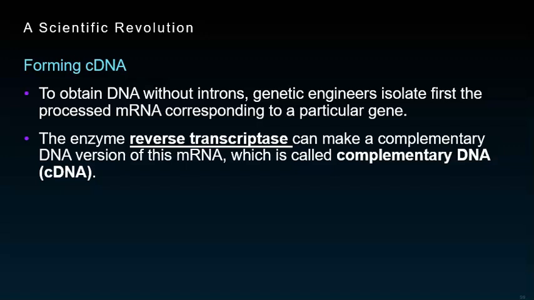So that makes sense, because if we are making an RNA copy from DNA, we're using, well, that's not the best way to say it, but I like to think of it like we're reversing transcription with reverse transcriptase, because instead of making RNA, we are making DNA from RNA, which is backwards. It's reverse. So that's how I remember reverse transcriptase.